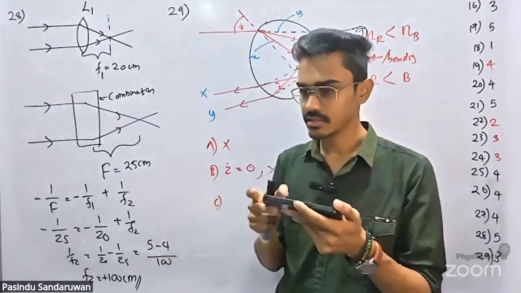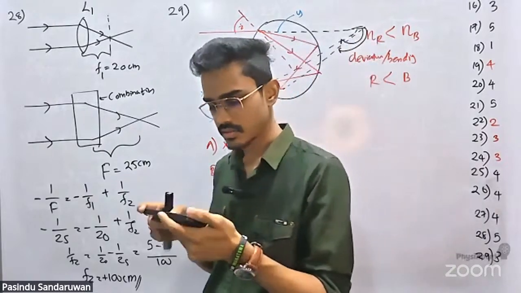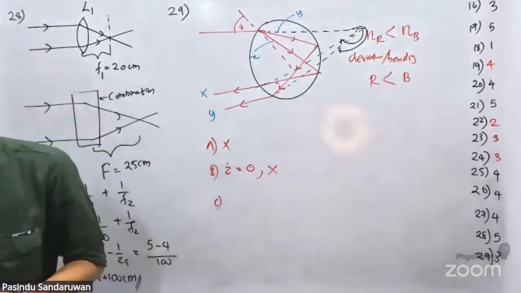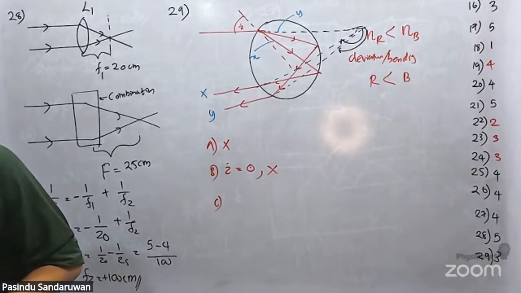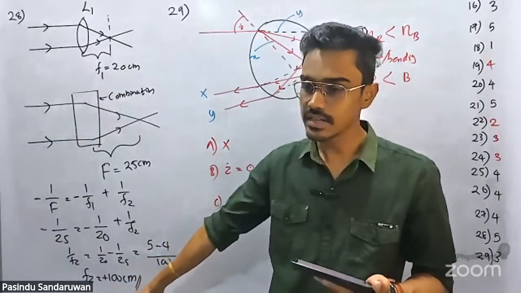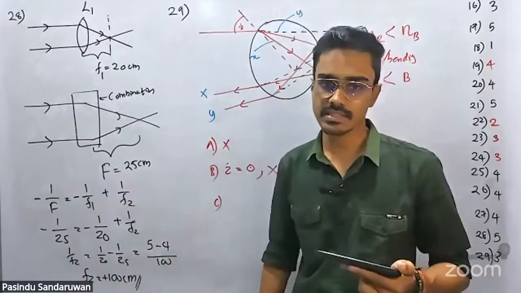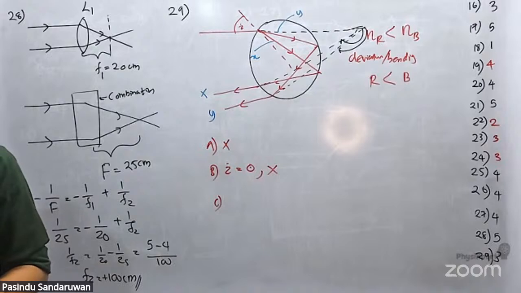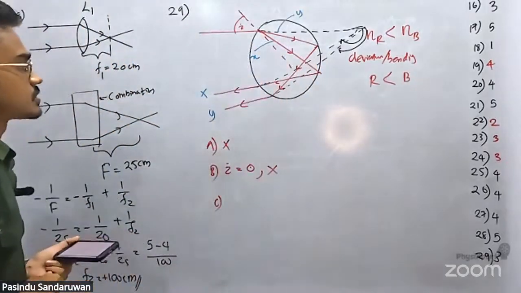For lens type, we are getting plus 100. Plus focal length means concave lens, minus focal length means convex lens. So plus 100, concave. So in here C was correct, only C.